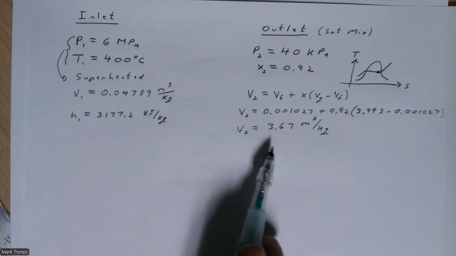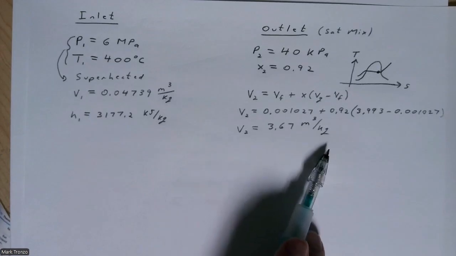So we come up with 3.67 meters cubed per kilogram.